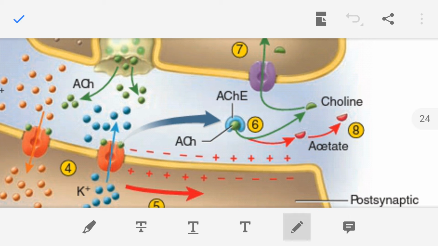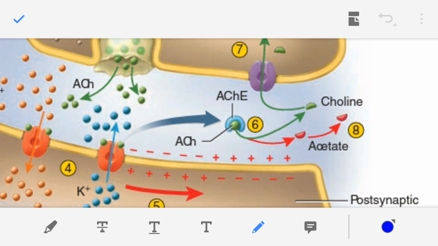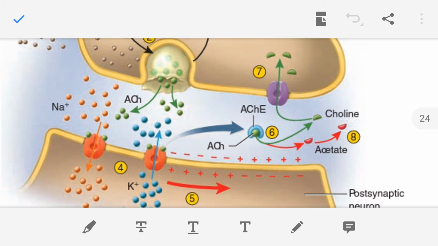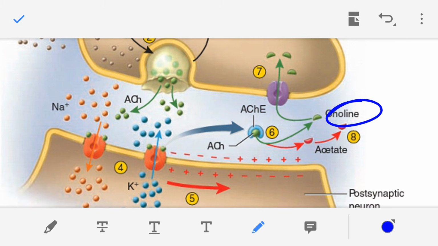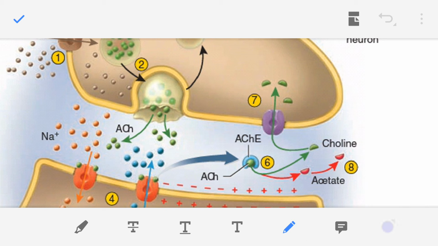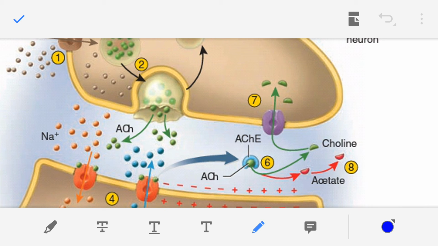The acetylcholine is degraded into acetate and choline, and these once again enter into the synaptic end bulb of the presynaptic neuron, and are further utilized for reproduction of the neurotransmitter acetylcholine.